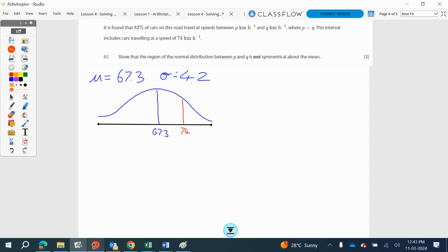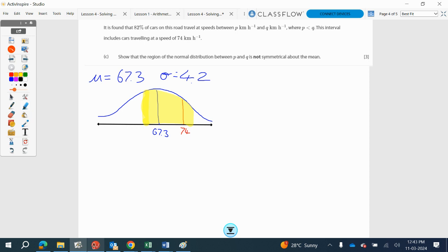We're told that our interval is 82. So our interval has to be between a couple of points, and it could look something like this. There's our interval. It's going to be a big wide interval.